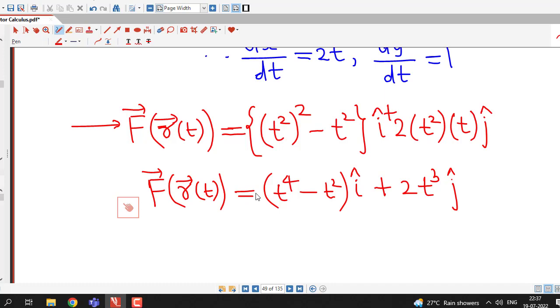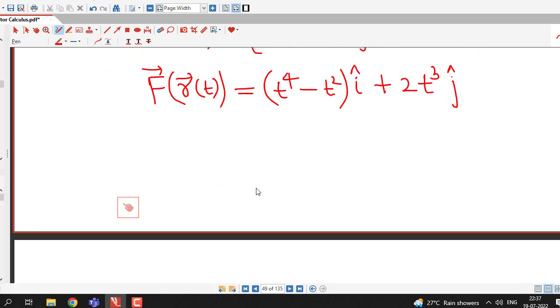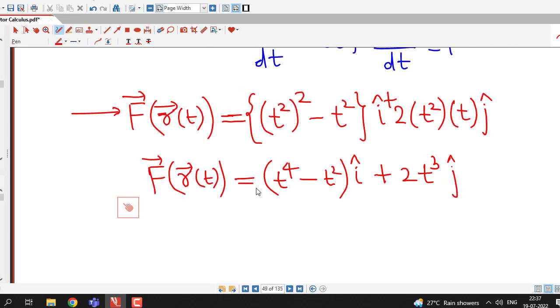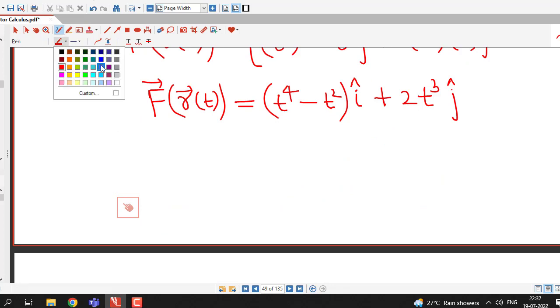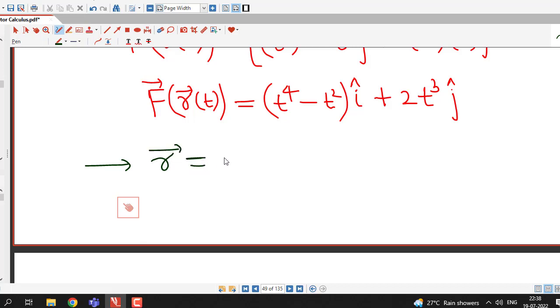So we have converted the given vector function f bar in terms of the single variable t. This is f bar of r bar t, and now we write down dr bar by dt, which we will require. We have r bar equal to x of t i plus y of t j.